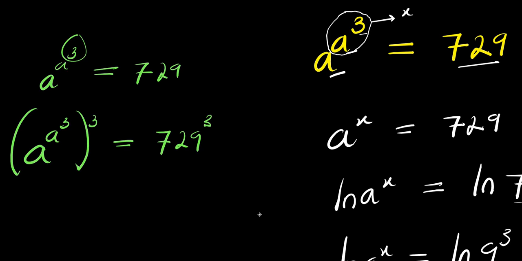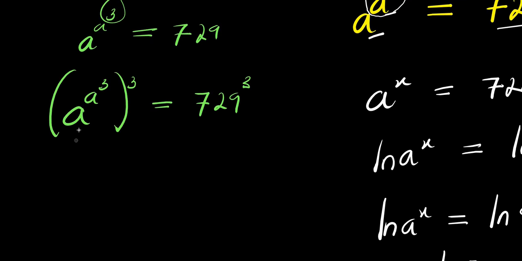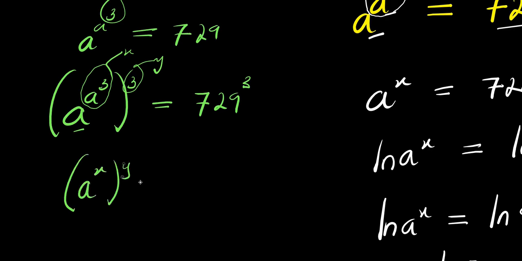Now what I'm going to do will be to raise each of these to the power of 3. In fact, let this represent x and this represent y. So I have a power x to the power of y equals a power y to the power of x.